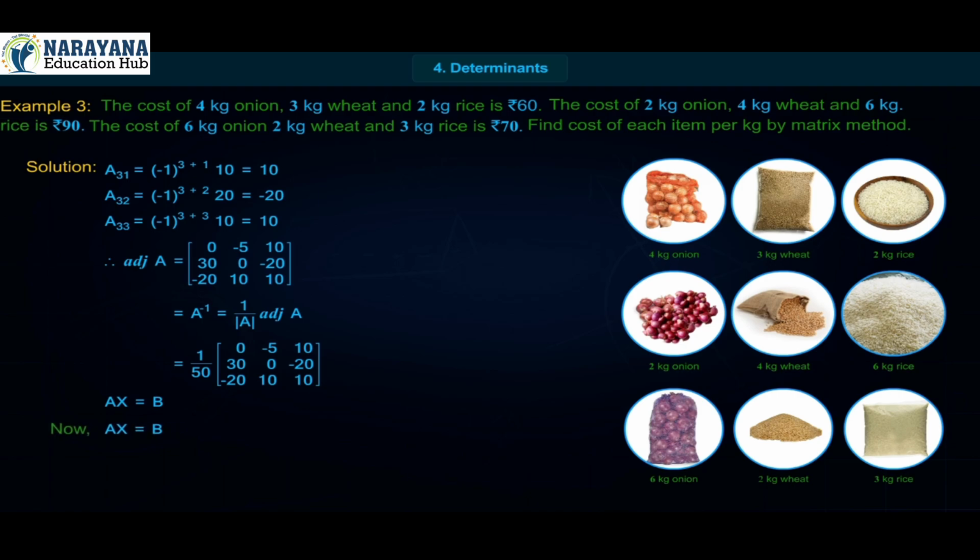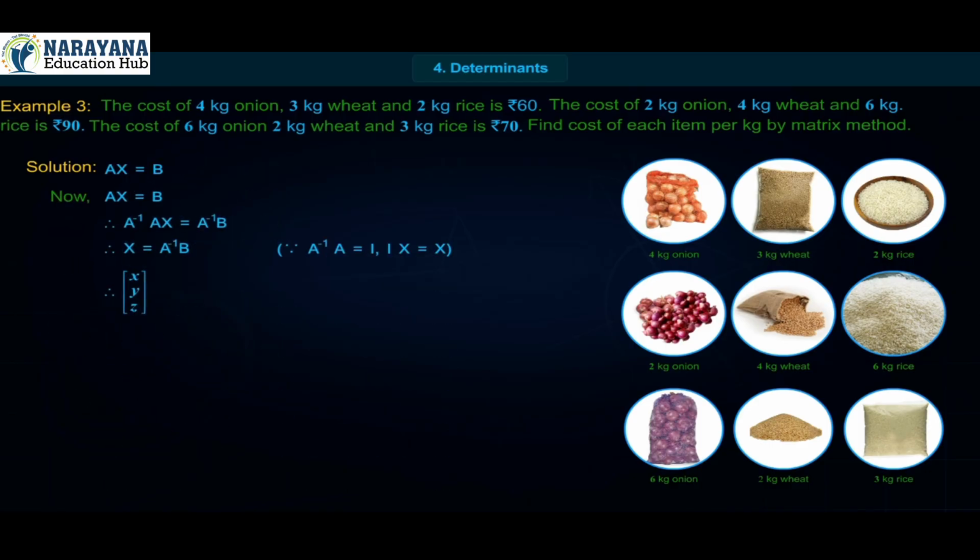Now, AX is equal to B. Therefore, A inverse into AX is equal to A inverse into B. Therefore, X is equal to A inverse B, because A inverse A is equal to I, and IX is equal to X.